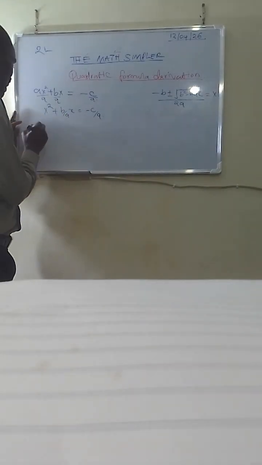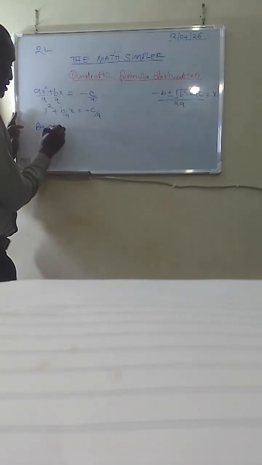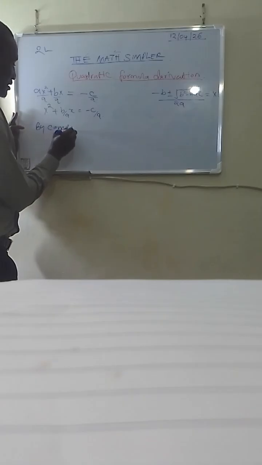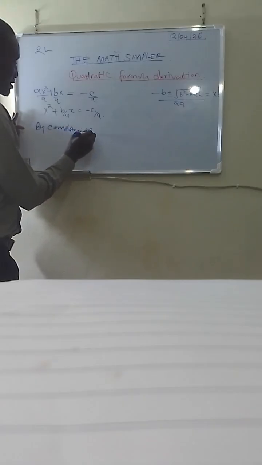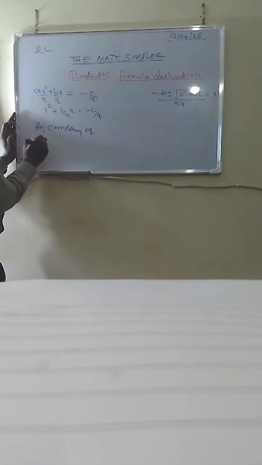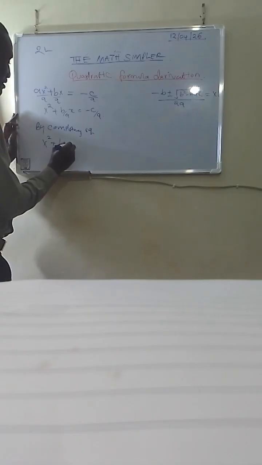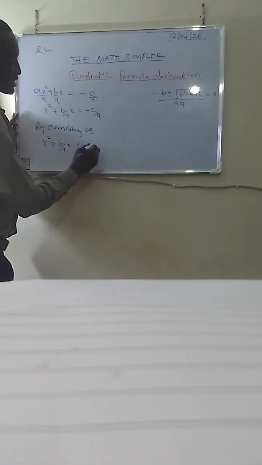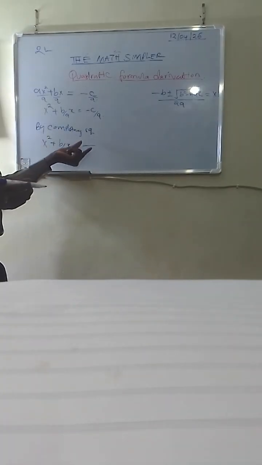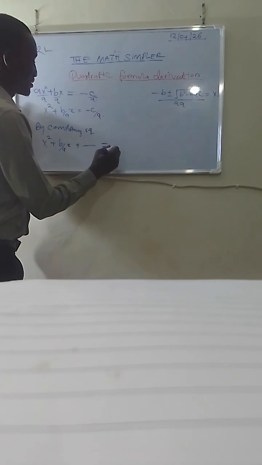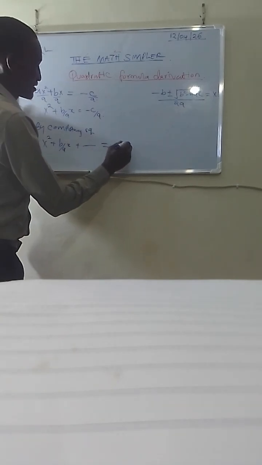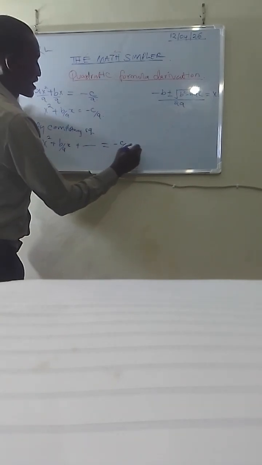Then by completing the square, we have x squared plus b over a x plus dash, we'll add this, equals negative c over a plus dash.